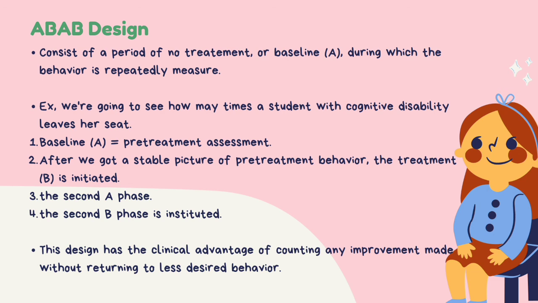So to add more strength by replicating the procedure, the treatment B, or the second B phase, is instituted. The key element of ABAB design is the return to former levels of behavior when the baseline condition is reinstated. And this design has the clinical advantage of ending with the improvement rather than returning to less desired behavior.